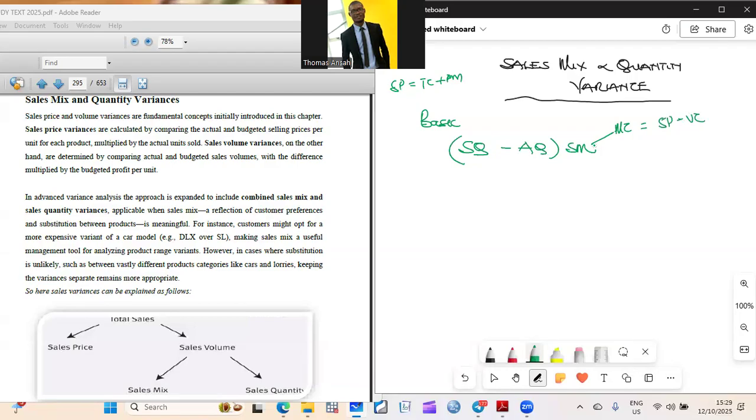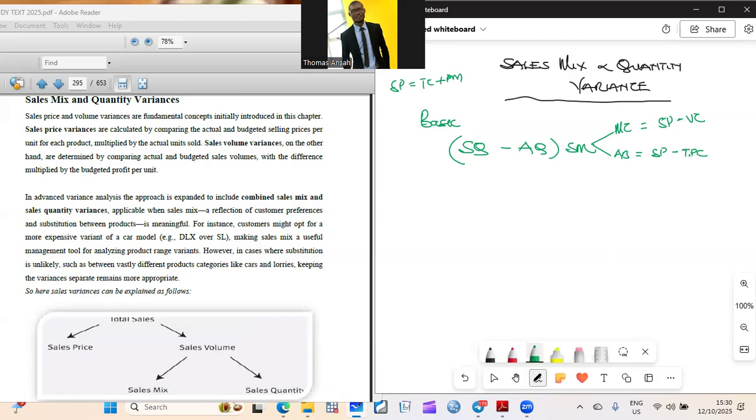But if we are using absorption costing, what will it be? Selling price minus what? It's not contribution. Absorption costing, who remembers? It's total production cost.